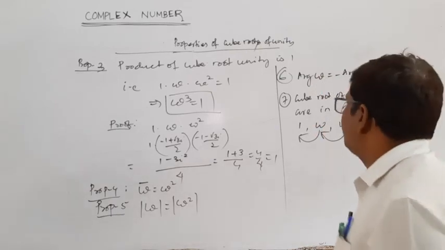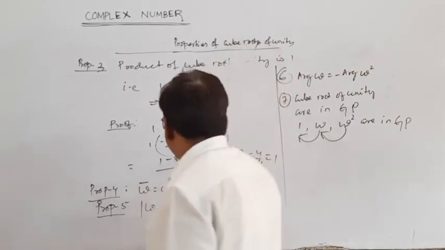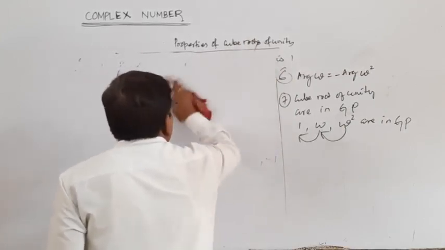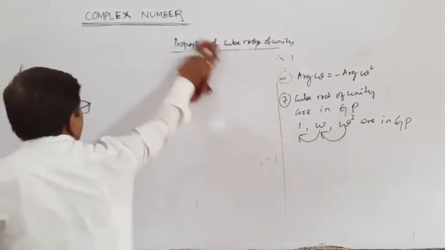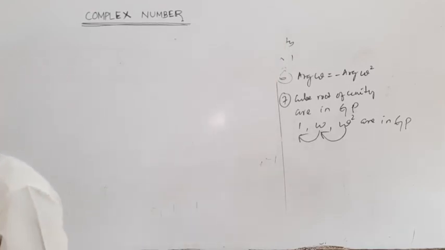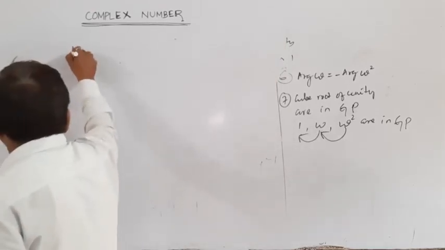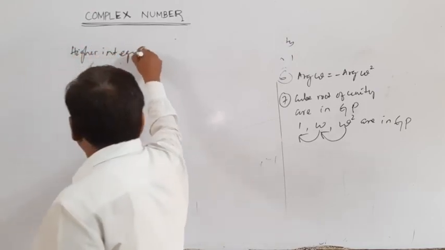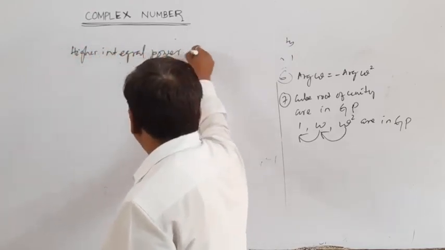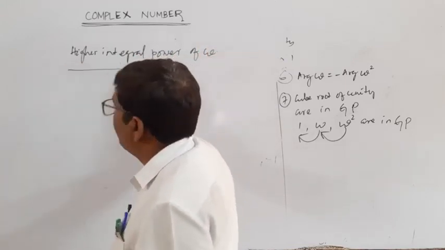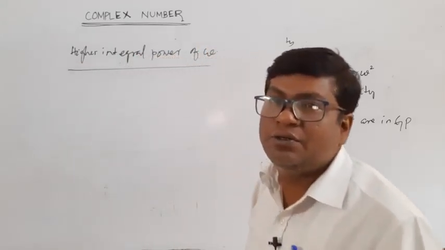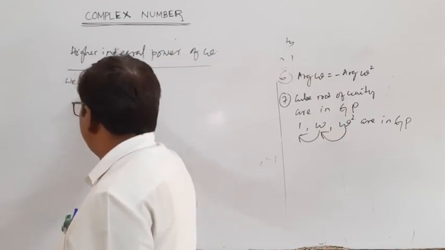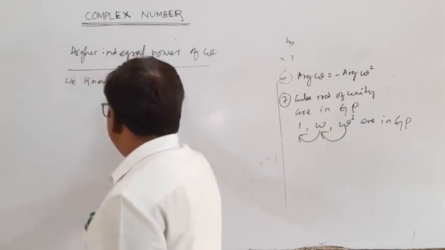Now higher integral powers of omega. We know omega cube is equal to 1.